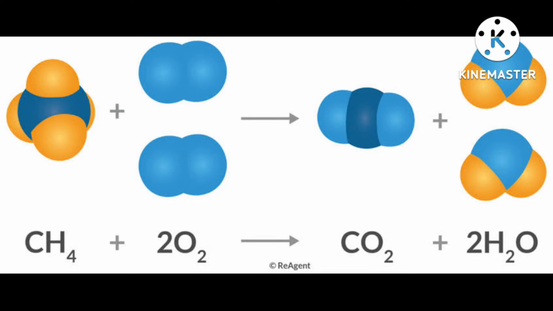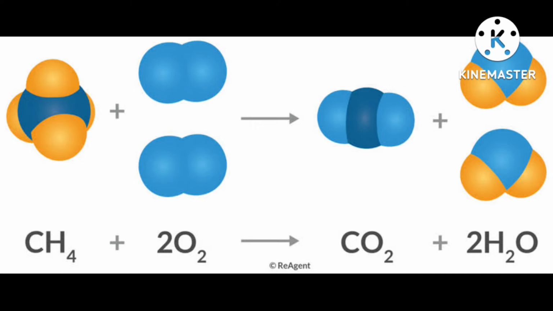The right side substances are called products, for example carbon dioxide and water, but on the left side methane and O2 are the reactants.